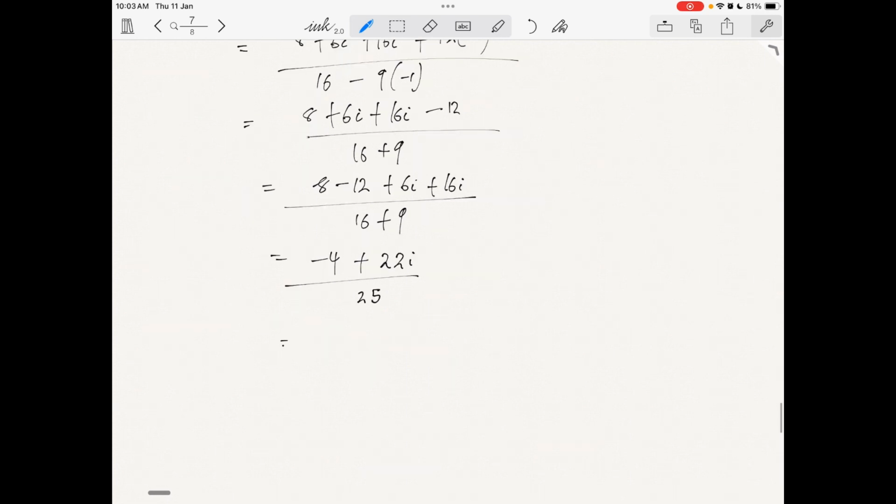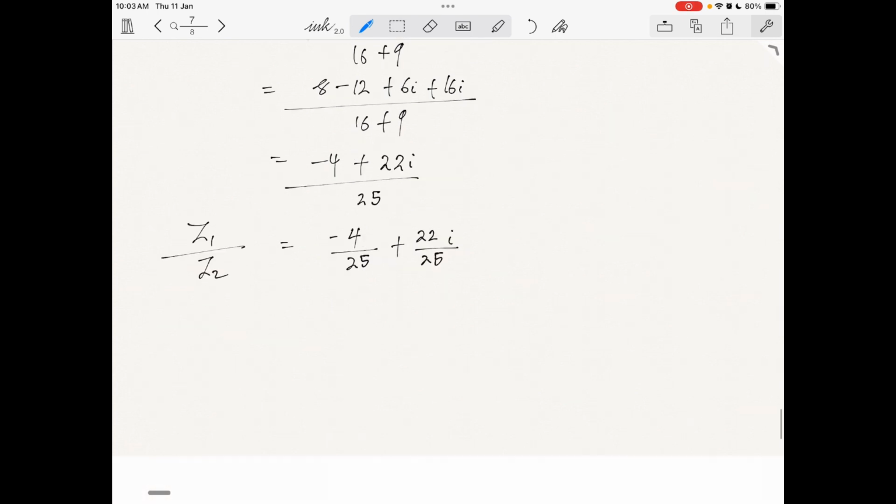Now we can easily split this. That will give us minus 4 divided by 25 plus 22 divided by 25 i. So this will give us an expression for z1 divided by z2.